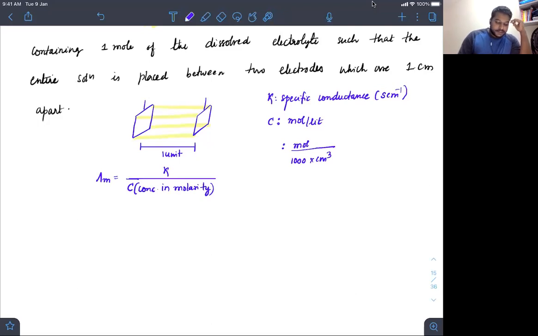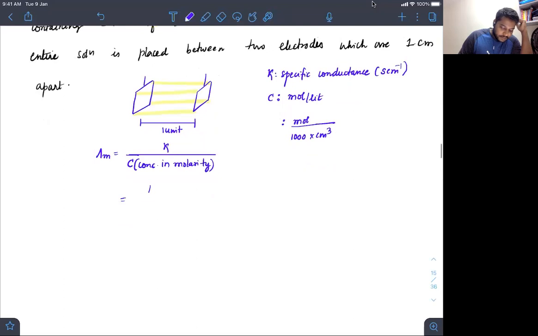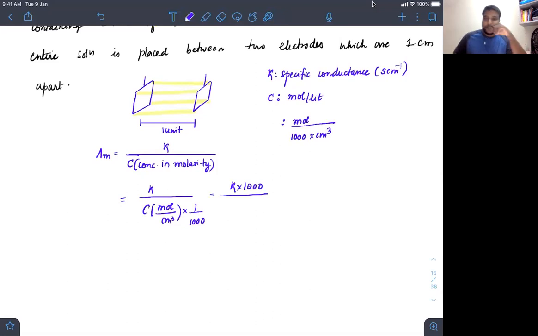If I substitute that back here and get it in units, what do I get? This will be kappa divided by concentration, now in mole per centimeter cube, so I have to divide by 1000. So 1000 will come up. So kappa into 1000 divided by concentration in mole per centimeter cube. Got it? So here concentration, which was in moles per liter, will now be in mole per centimeter cube.